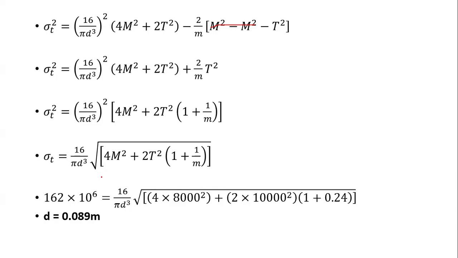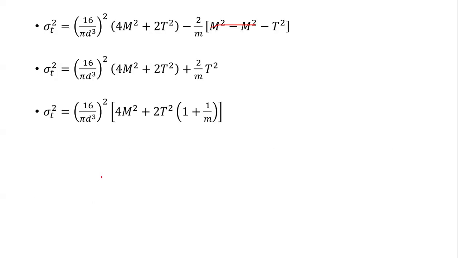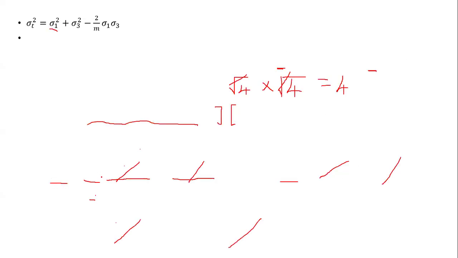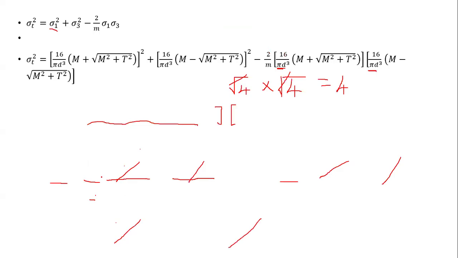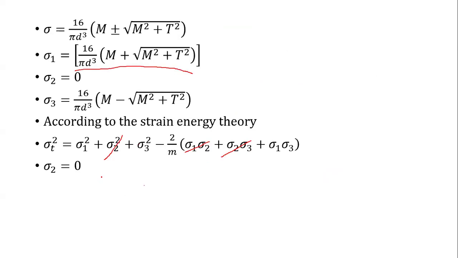So the question you may be trying to answer is, why do we have to go through all this? Why not take the question from here? Let me take you back. Yeah, right from here. Because we already have the stresses, name them, so you can just say stress is equal to.